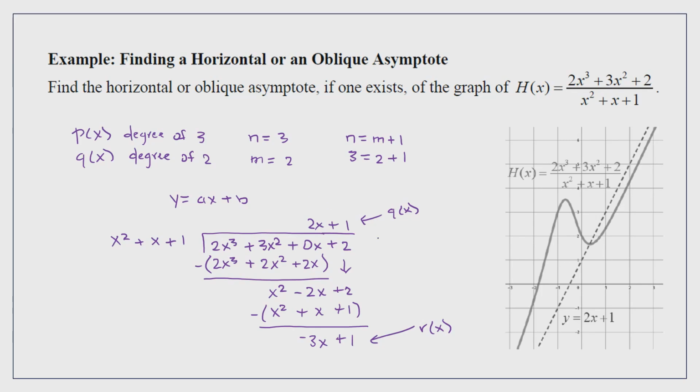The q of x here that I'm referring to is the quotient, and the r of x here is the remainder. So our oblique asymptote is going to be the equation y equals 2x plus 1. Awesome.